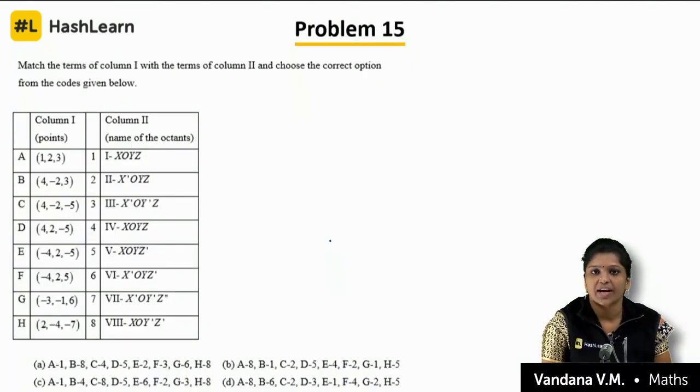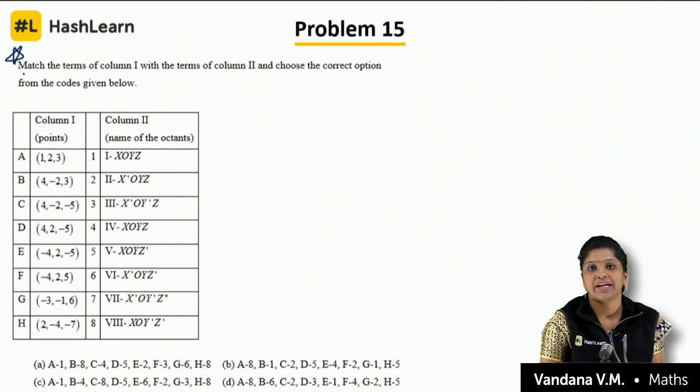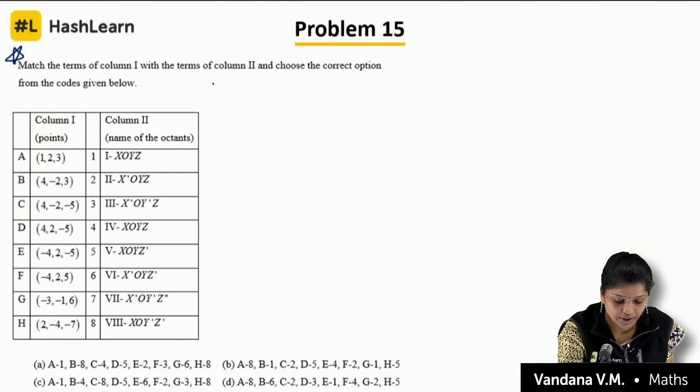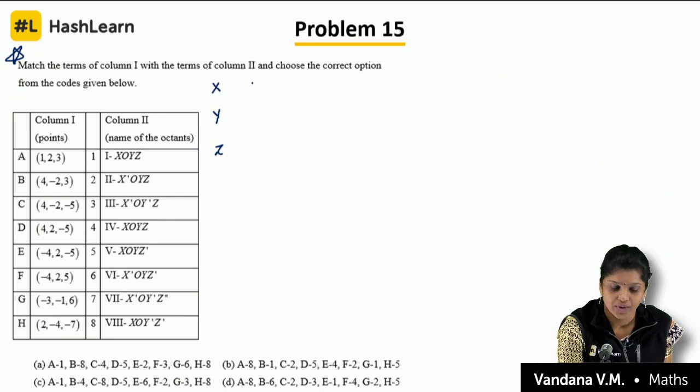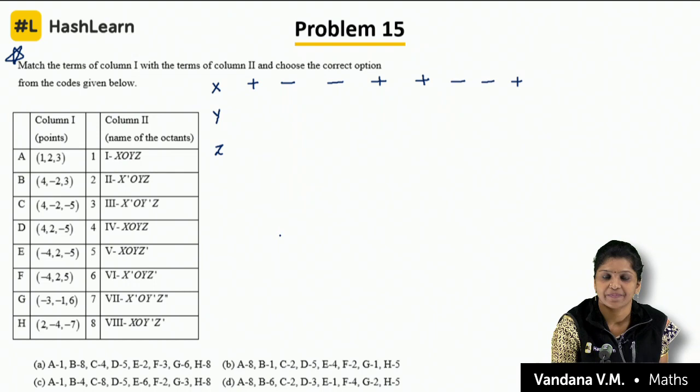One more question, very important for this concept when they are asking for the coordinate axis. This is the very important question, finding the octants. So, let me write all the octants x, y and z. For x: plus plus minus minus plus plus minus minus.